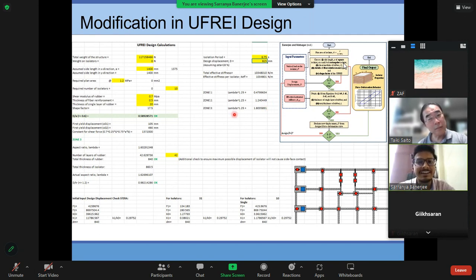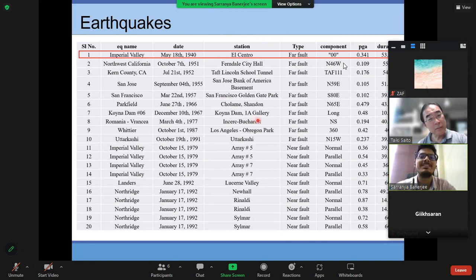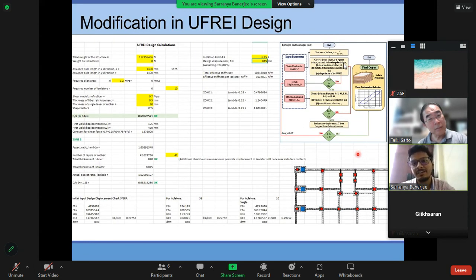Now for the single degree of freedom system, the base displacement is slightly increased. So to counter that, I had to make some small modifications in the design of the isolation system again, where I have slightly reduced the isolation period from 7 seconds to 6.75 seconds.